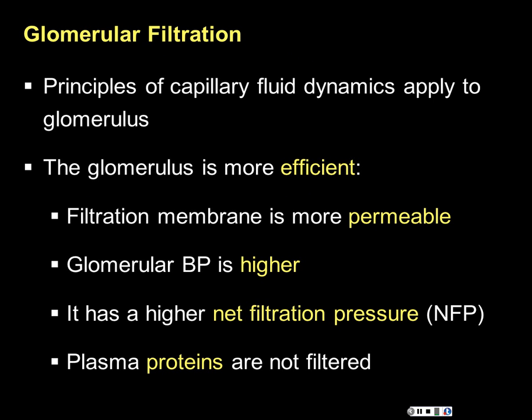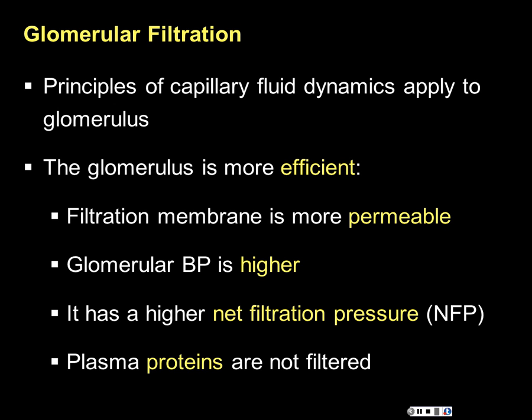The first thing we know is called filtration. The glomerular capillaries are like other capillaries, but with a little more oomph. They're more efficient when compared to other capillaries in the body, so in the brain or skin or whatever, because the area for filtration is more permeable when contrasted to any other old capillary in the body.